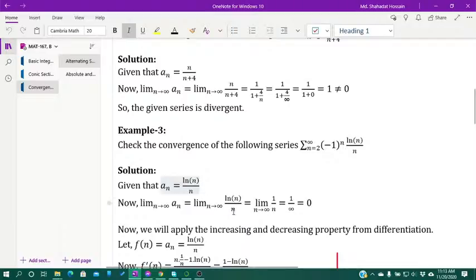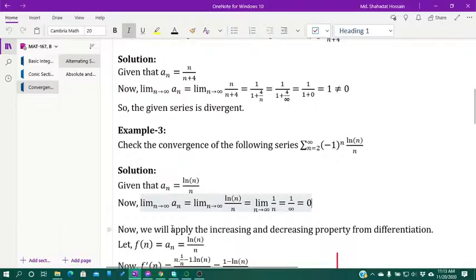Now see that if I substitute infinity in both numerator and denominator I will get infinity by infinity, so that is an indeterminate form. That is why we have to use L'Hopital's rule. We should differentiate both numerator and denominator with respect to n individually, and I will get 1 by n only, and that is 0. So the first condition is satisfied.